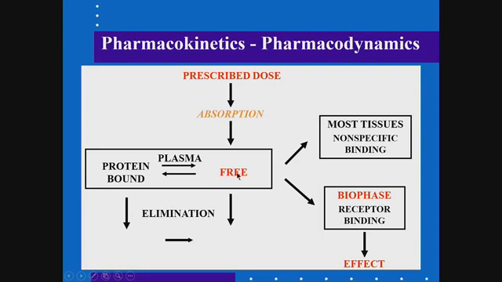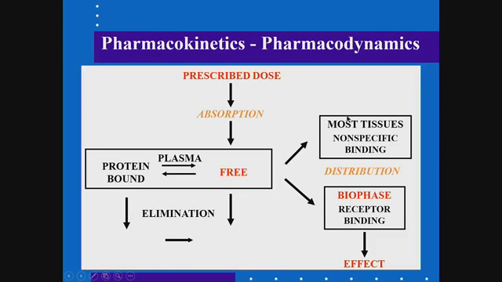The drug in plasma may circulate as the free drug, but also may bind to plasma proteins like albumin. And again, you have this reversible equilibrium between drug that is free in plasma and drug that is protein bound. The extent of protein binding varies tremendously depending on the drug in question. Then drug elimination will take place, but of course drug distribution from the plasma compartment will take place.